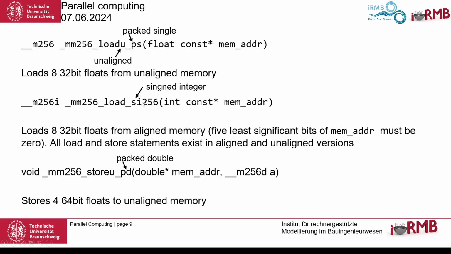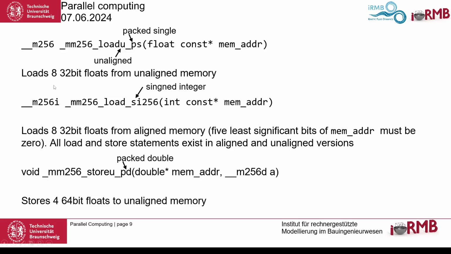You can have this with signed integers. This is SI256. Actually, because you're just loading memory, this doesn't matter that much. This is just for your compiler, or for you, to keep track of what data type you're using, because loading data just means that you take this chunk of memory and move it around.